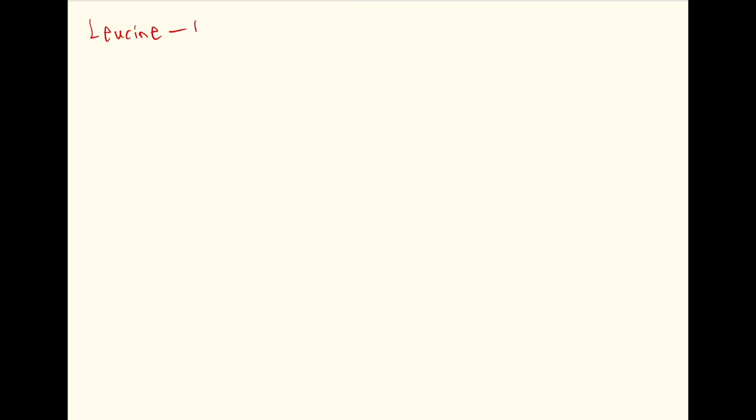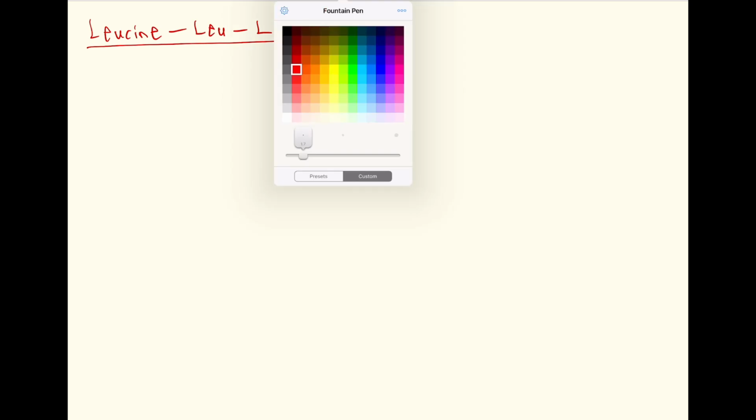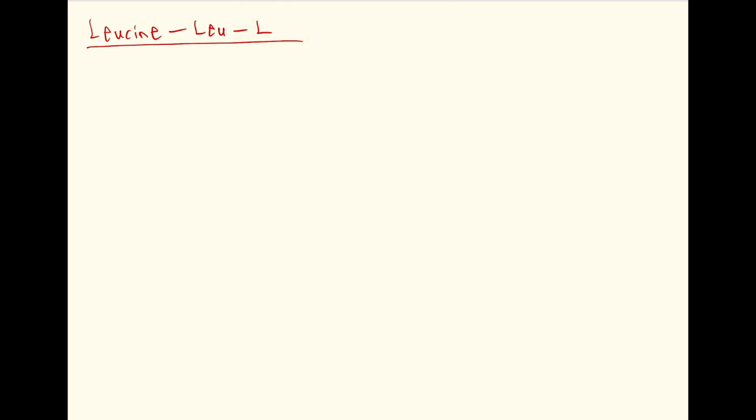And then 3-letter code LEU. And then the 1-letter code is L. Okay, now to draw this one, it's going to be a little bit tricky, but not as bad as the previous one, which was valine.